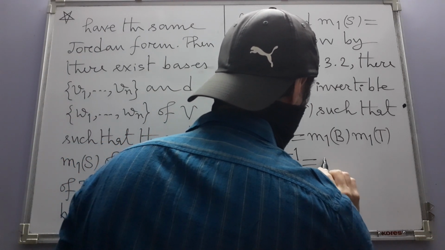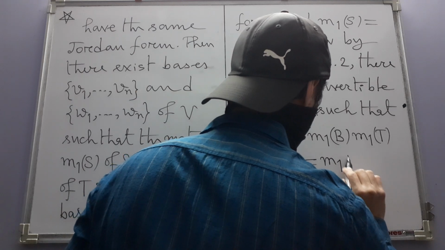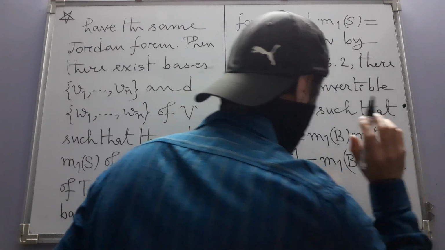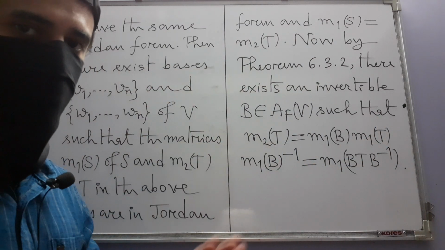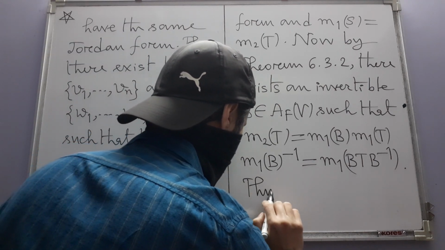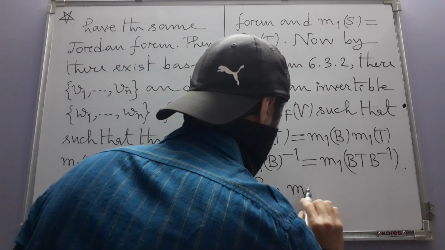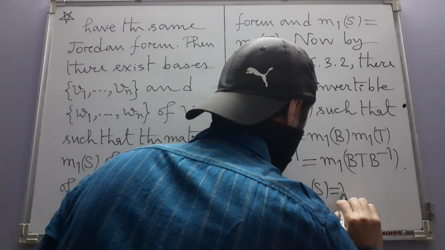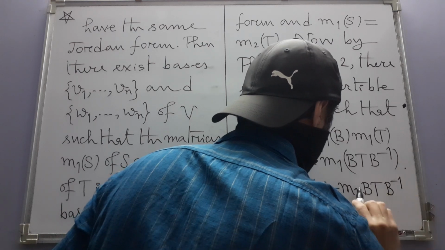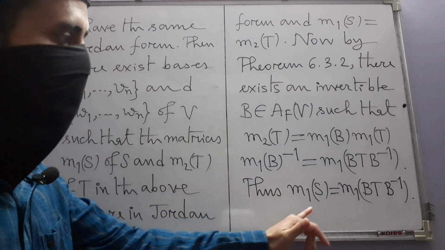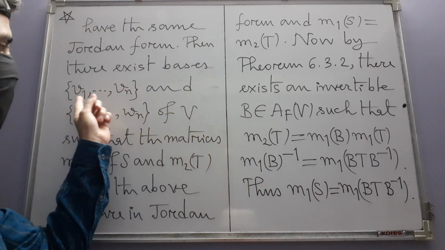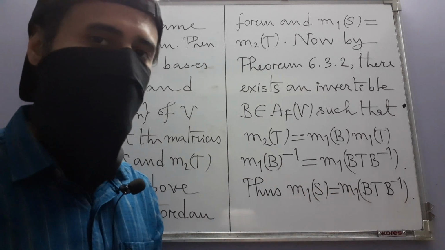This, however, is M1 of BTB inverse, again by that isomorphism between operator and matrix algebras. Thus, M1 of S is equal to M1 of BTB inverse. That is, the operators S and BTB inverse have the same matrix in the first basis, but then they are identical.